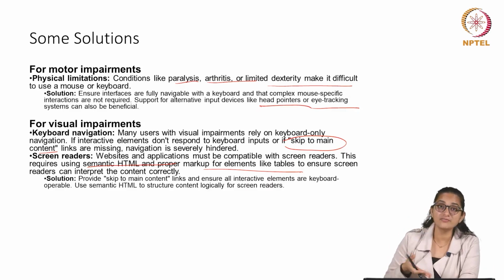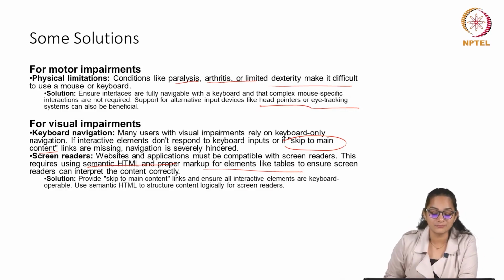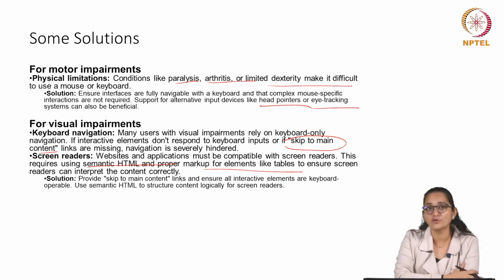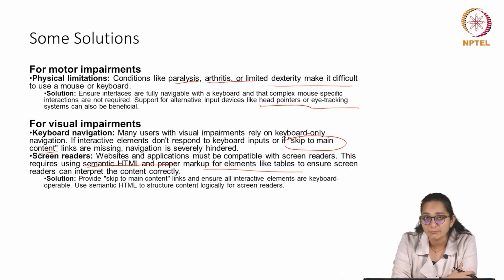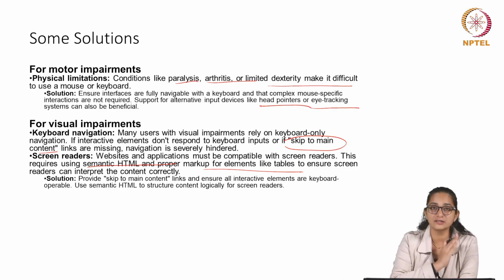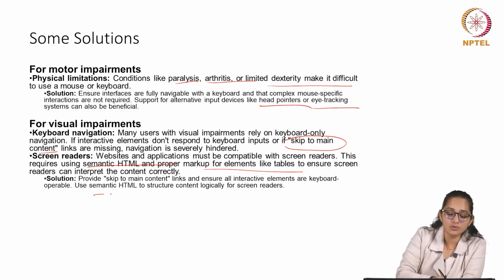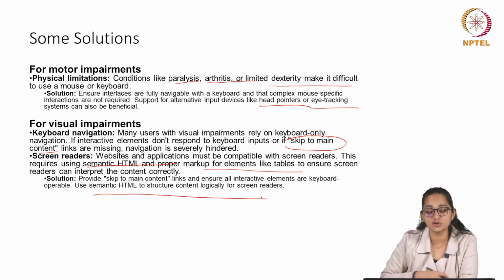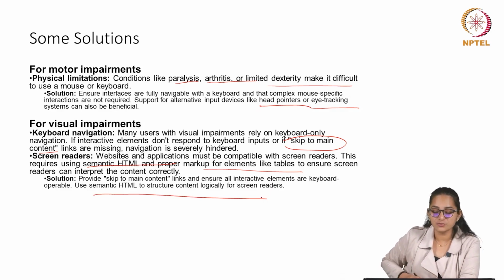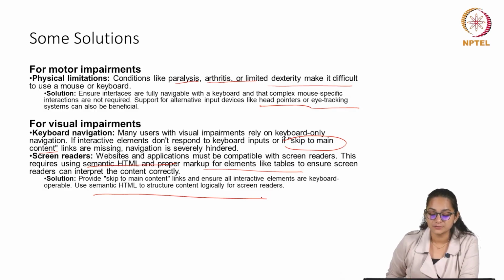So, I mean, despite the fact that we are still talking about the traditional keyboard input means, most of the interfaces are not compatible with those traditional input devices. So, at a code level, semantic HTML needs to be implemented to structure content logically for screen readers.